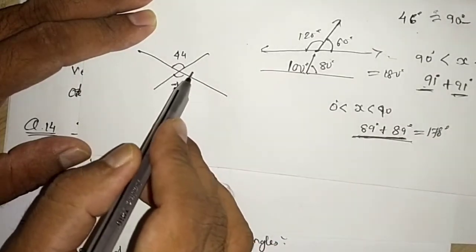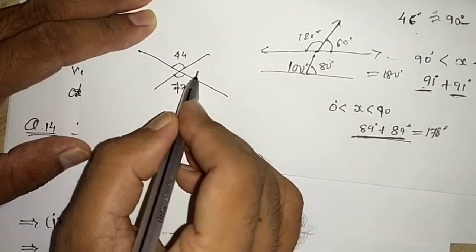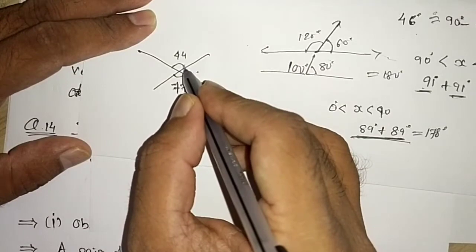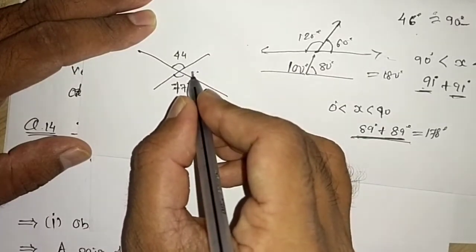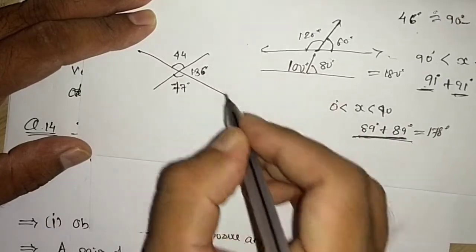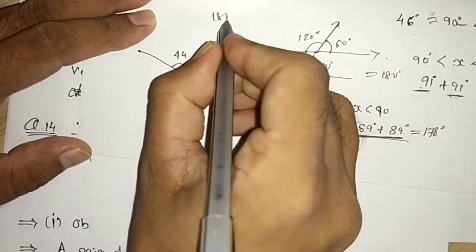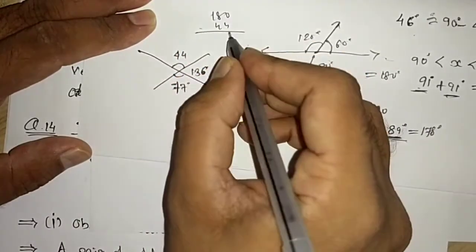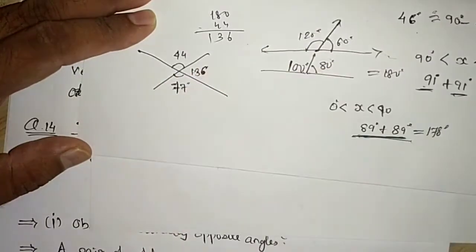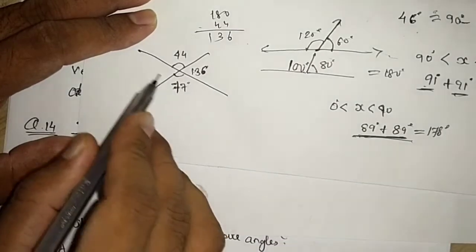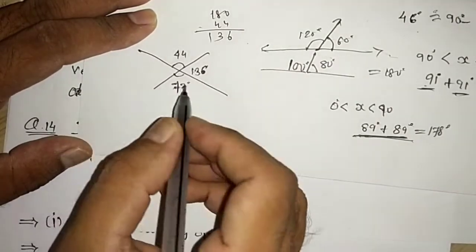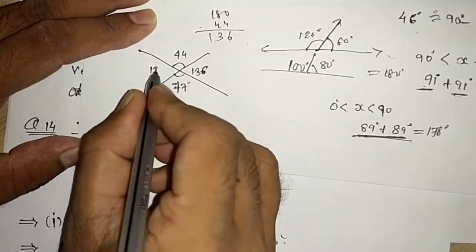Definitely 180 minus 44, whatever will be there, that will be the answer. 180 minus 44 gives 136. Here definitely it will also be 136 only, because vertically opposite angles are equal.